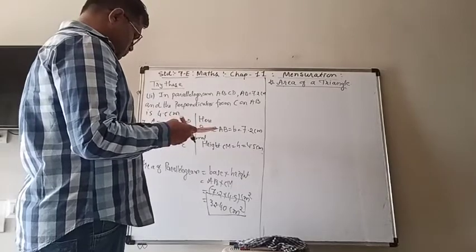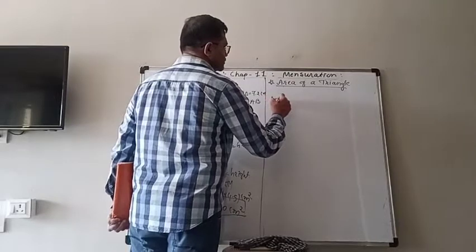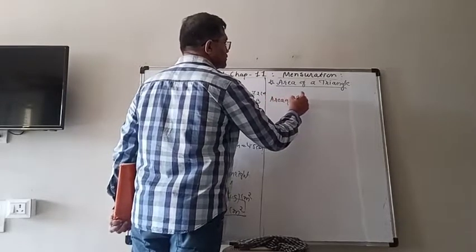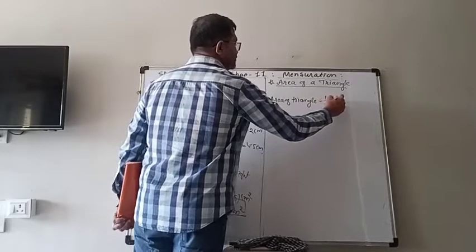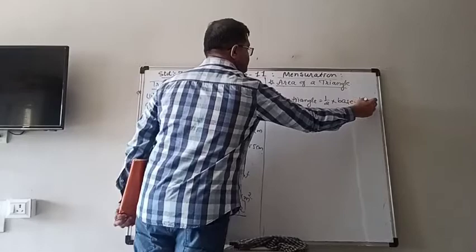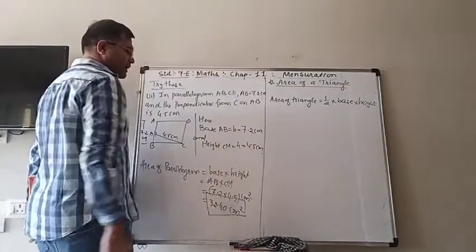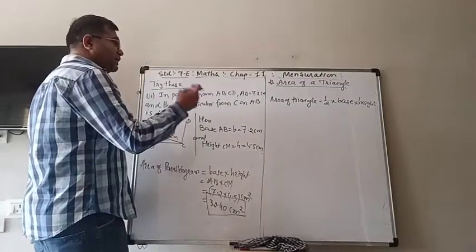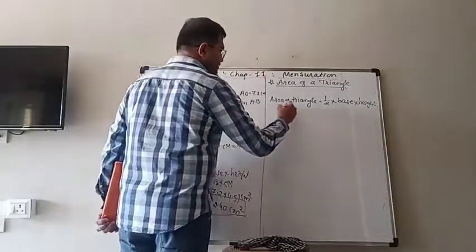So area of triangle is equal to half multiplied by base multiplied by height. Here it was only base multiplied by height, but here 1 by 2 multiplied by base multiplied by height.